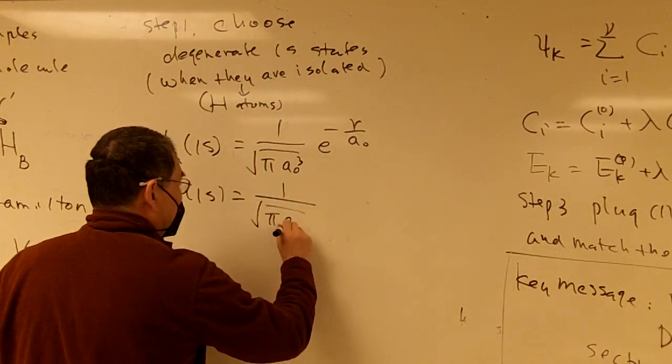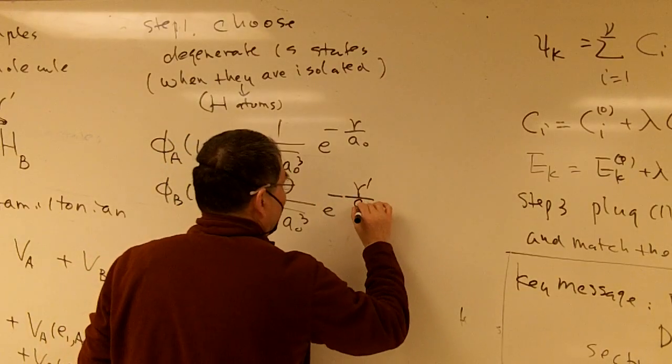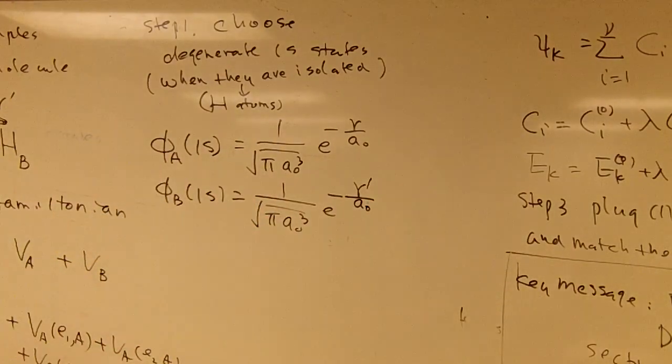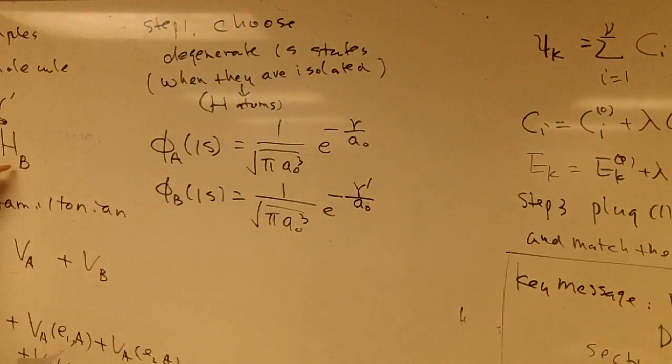Same thing here, no difference. But watch carefully: this part has r prime, because this is with respect to hydrogen B, so that distance is r prime.